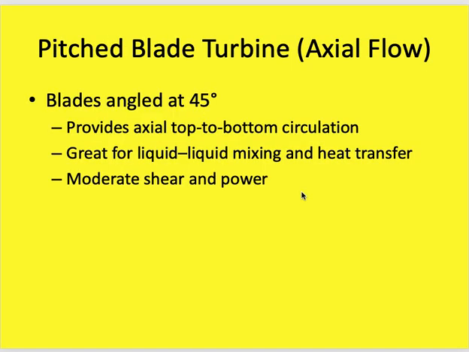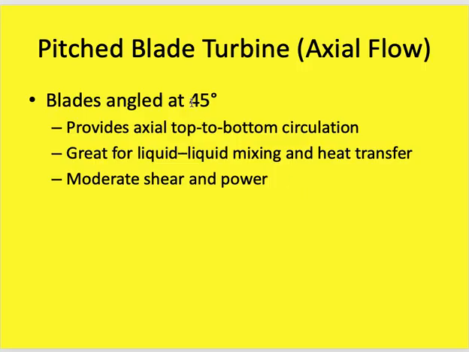Pitch blade turbine, this is one of the most famous types of agitator used for the continuous stirred tank reactor. The blade angle is 45 degrees. This means that when you design the blades, you need to control the rate of conversion.